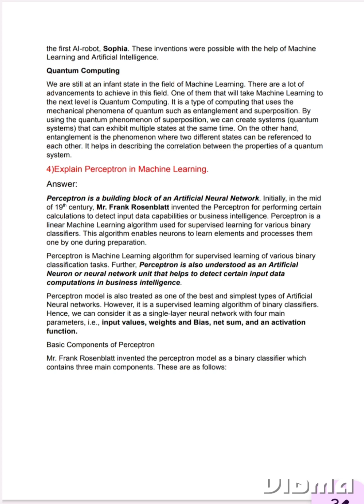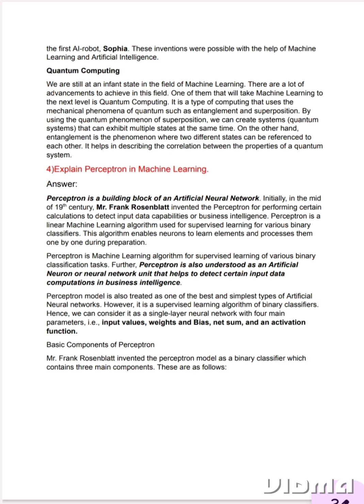Perceptron is a linear machine learning algorithm used for supervised learning for various binary classifiers. This algorithm enables neurons to learn elements and processes them one by one during preparation. Perceptron is a machine learning algorithm for supervised learning of various binary classification tasks.